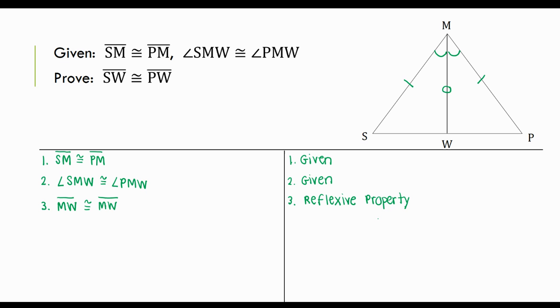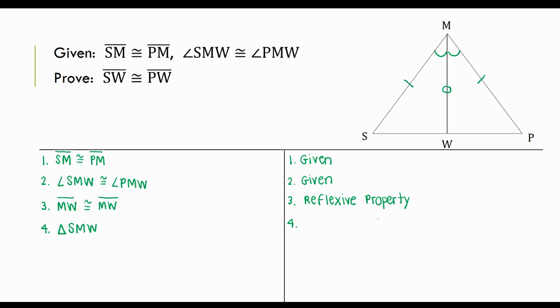And now that I have 3 things marked in my picture, hopefully we have enough information to prove that I have congruent triangles. So if I look at the picture, I see that I've got a side, an angle, and a side. So I do have enough information. Now I can name the first triangle however I want. So I'm going to name the triangle on the left, triangle SMW.